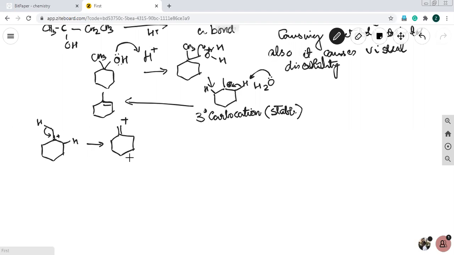This is the minor product and this is the major product. We have studied this. This is what is called the Zaitsev product, and this is the Hoffman product.